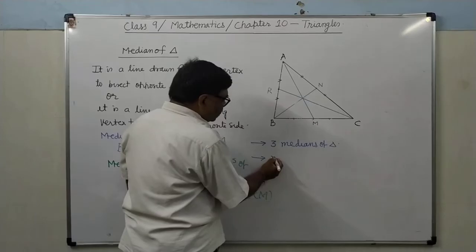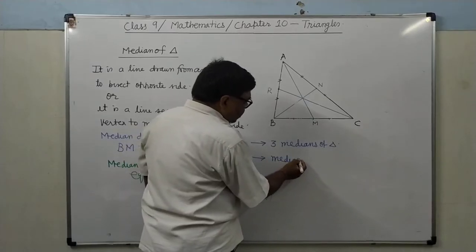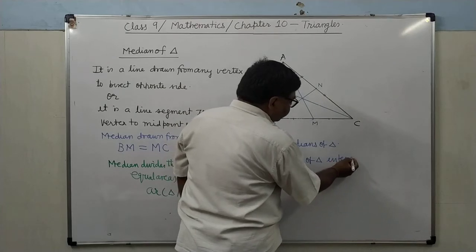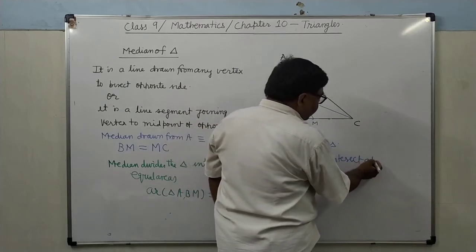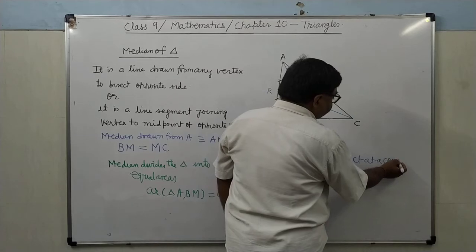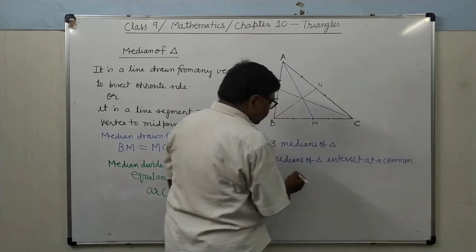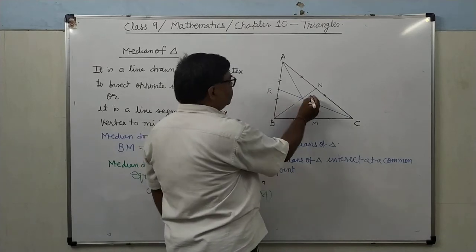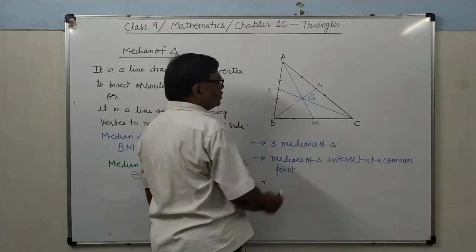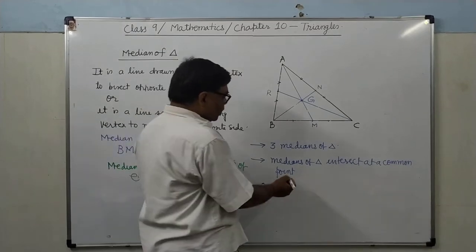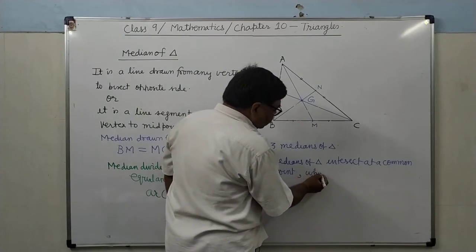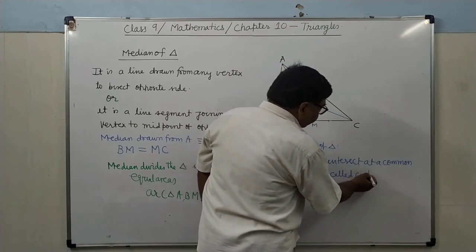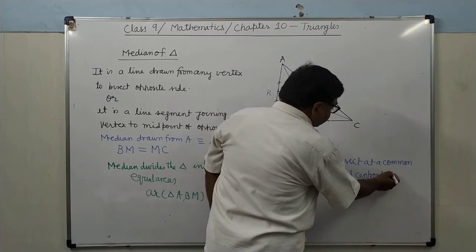Medians of a triangle intersect at a common point, which we denote by G, which is called the centroid of the triangle.